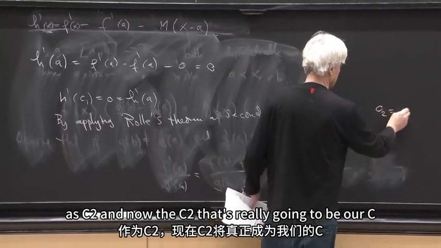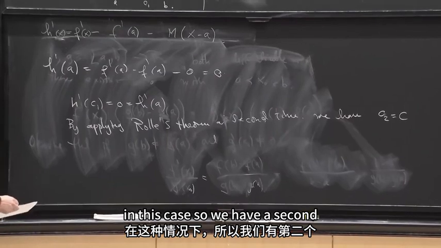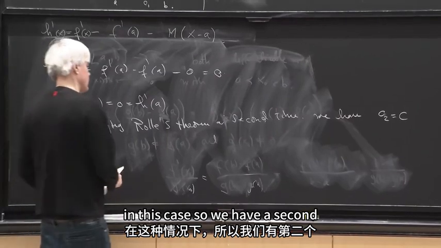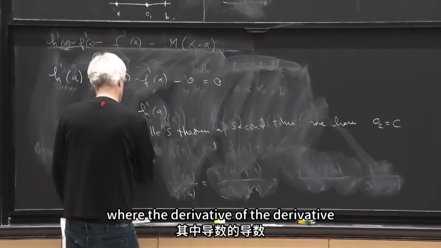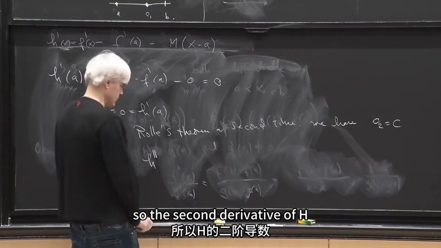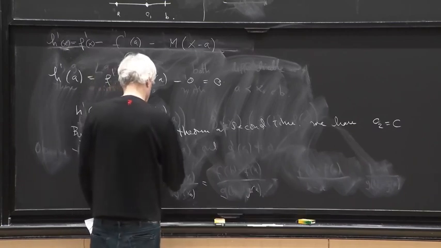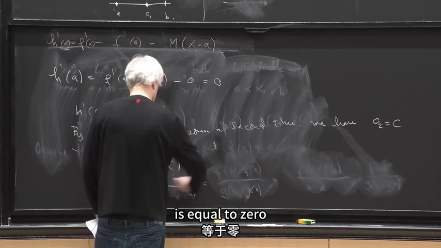And now this C2, that's really going to be our C in this case. So we have a second C where the derivative of the derivative, so the second derivative of h at that point is equal to 0. Okay?